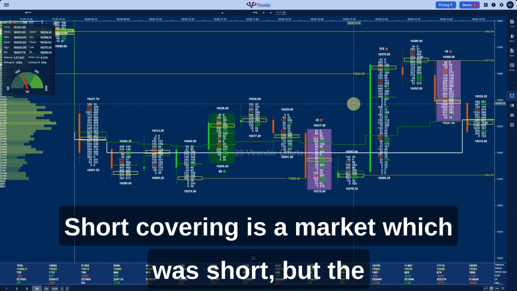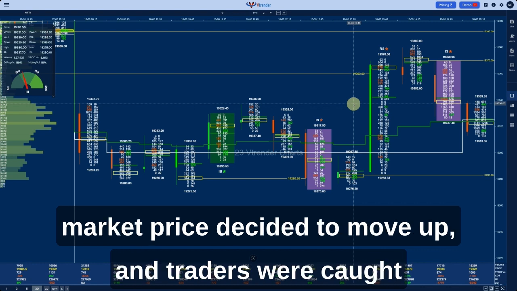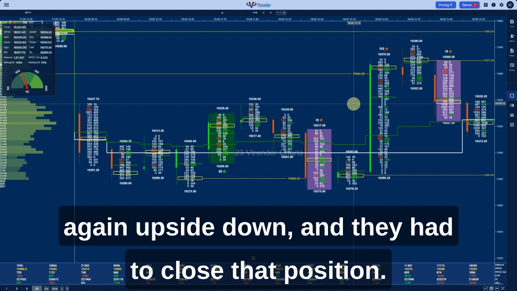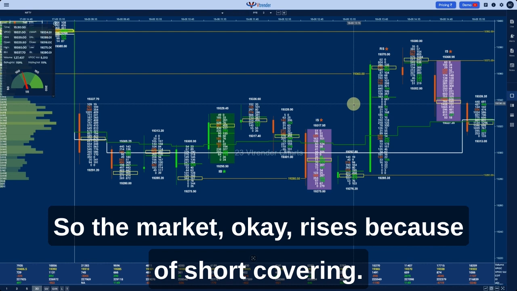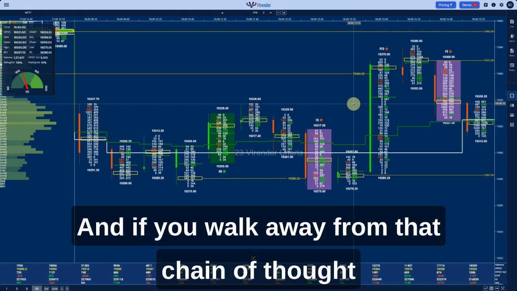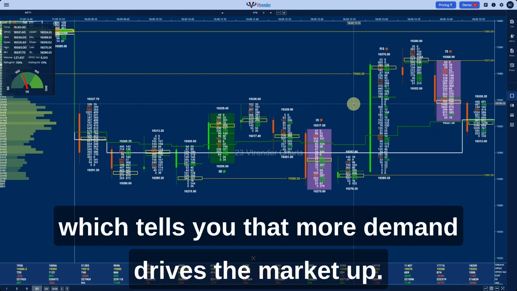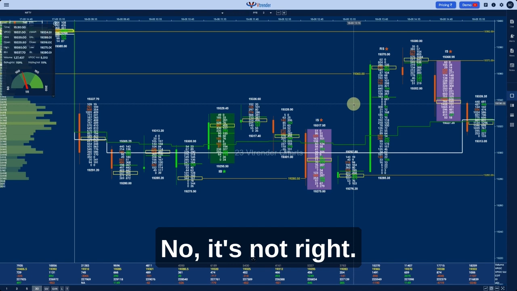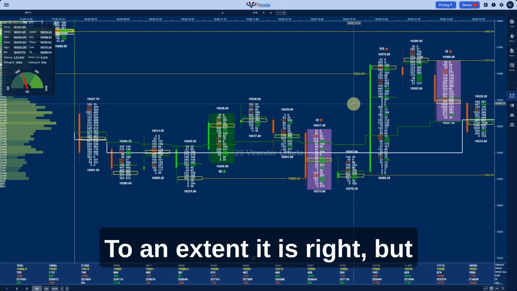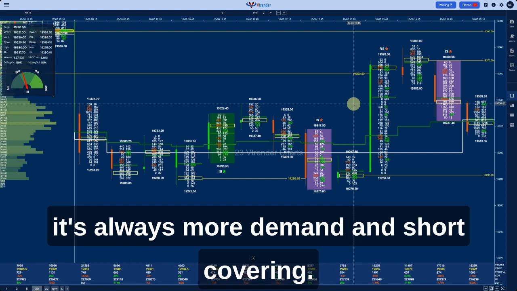Short covering is when traders were short, but the market price decided to move up, and traders were caught upside down, and they had to close that position. So the market rises because of short covering. If you walk away from that chain of thought which tells you that more demand drives the market up, no, it's not 100% right. To an extent it is right, but it's always more demand and short covering.